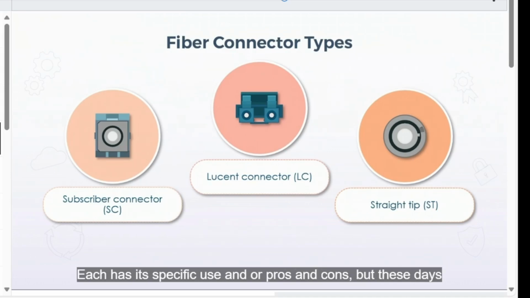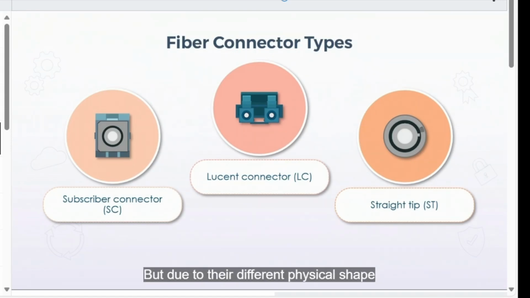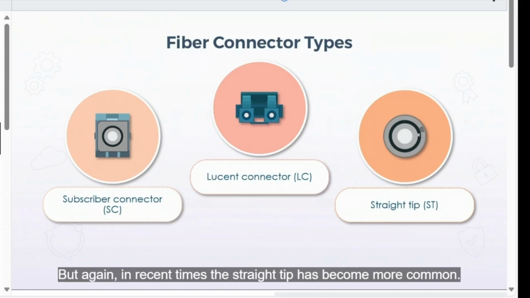Each has its specific use and or pros and cons, but these days the straight tip is probably more common than either the SC or LC, but due to their different physical shape, it really just comes down to what you have for equipment that would determine the appropriate connector. But again, in recent times, the straight tip has become more common.